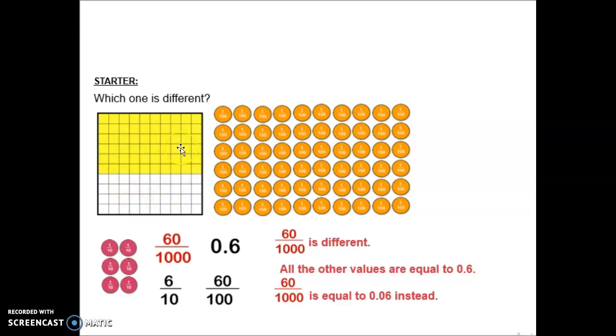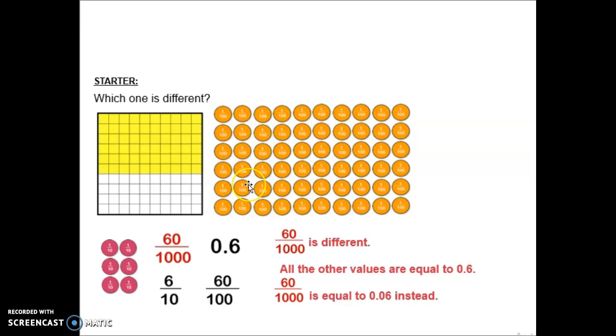So this was 60 over 100, this was 60 over 100 because we've got 60 of the 100. This is 6 over 10. 6 over 10 we've obviously got here. 60 over 100 is the same as these two. 0.6 is 6/10, isn't it? Okay. This is the odd one out.